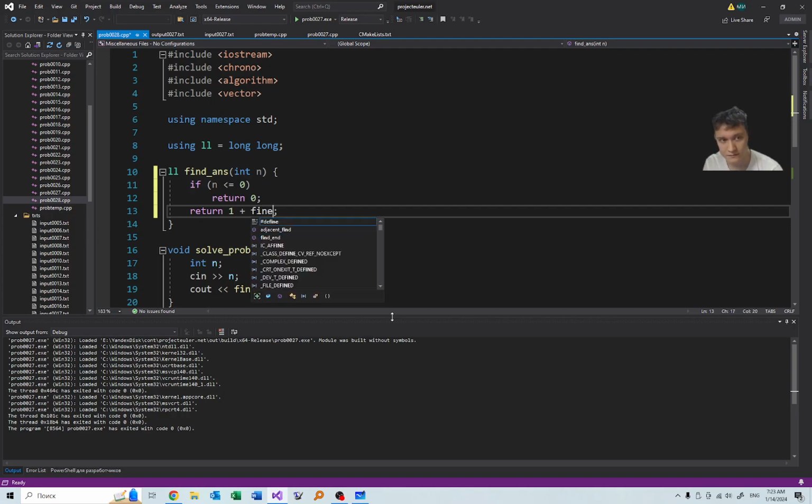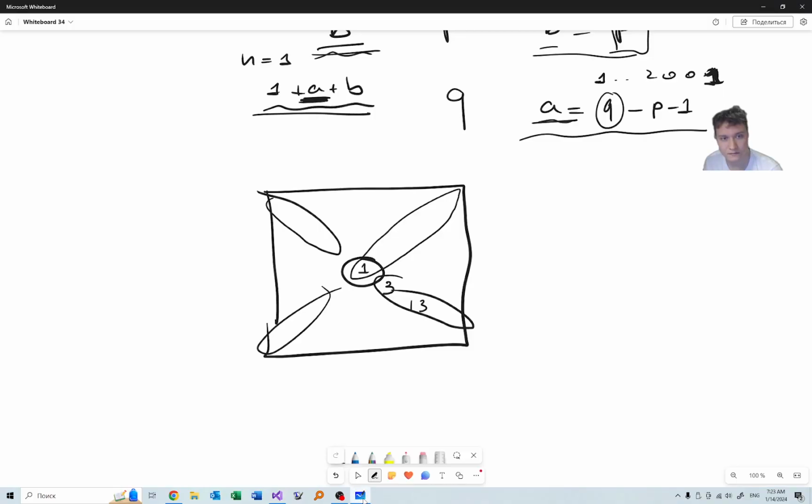So like find upper right answer of what? So let's also consider, okay, it only makes sense for an odd n, so let's only consider odd n, and in this case it always ends here.